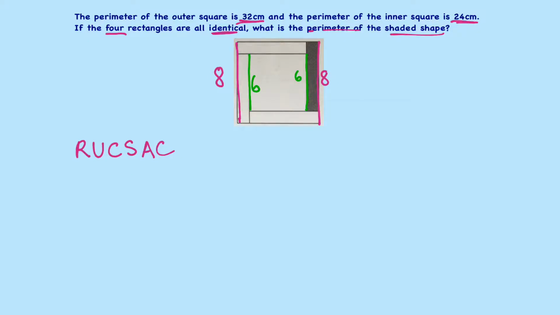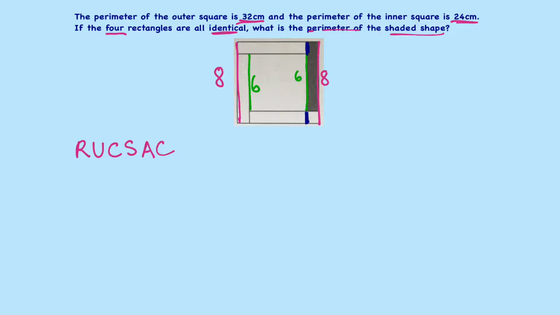So we've got 6 here, and we've also got 8. That means there's a little bit extra on this end, and a little bit extra on this end, and we know that those two are the same. We know that both those extra bits at the end are the same because these shapes here are exactly the same. It's that same rectangle repeated.